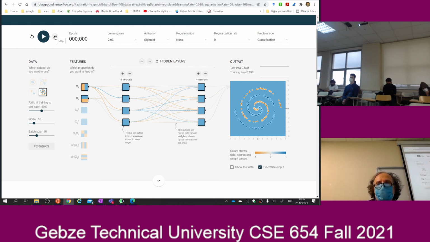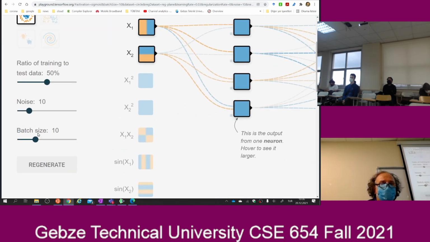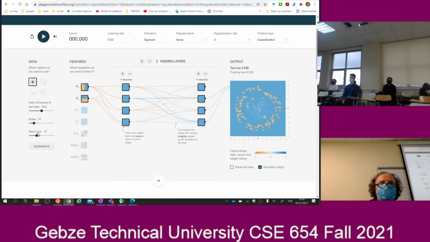If I go one more on this, let's choose one better example. This one is better. So one step means put a few, 10 samples, that's the batch size, from the training set, forward propagate it, get the results, backward propagate it and update your values.